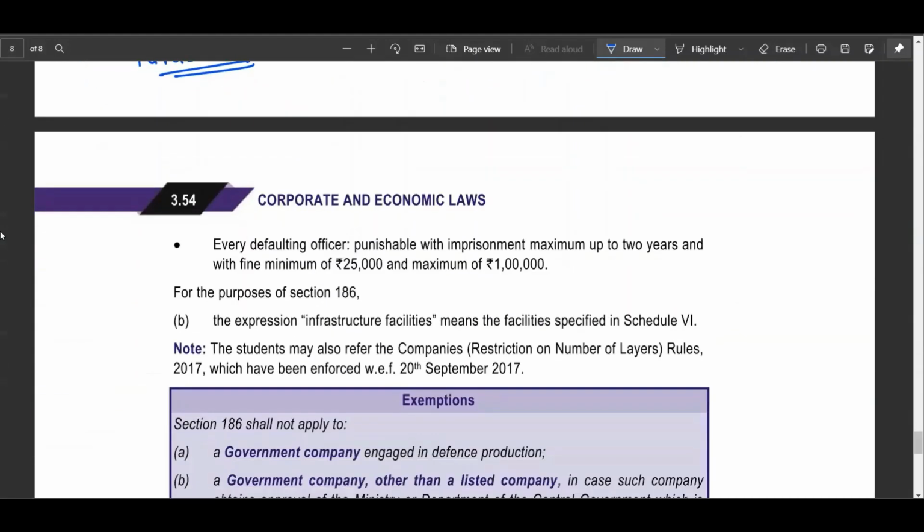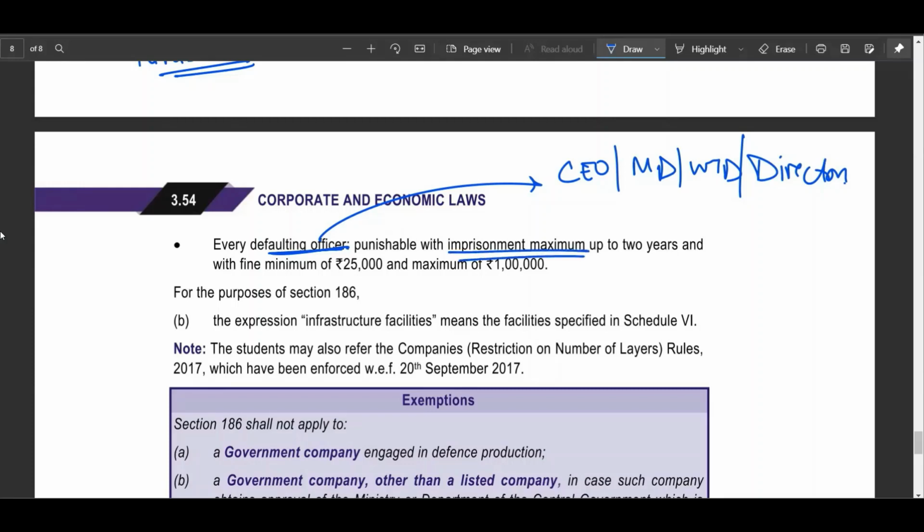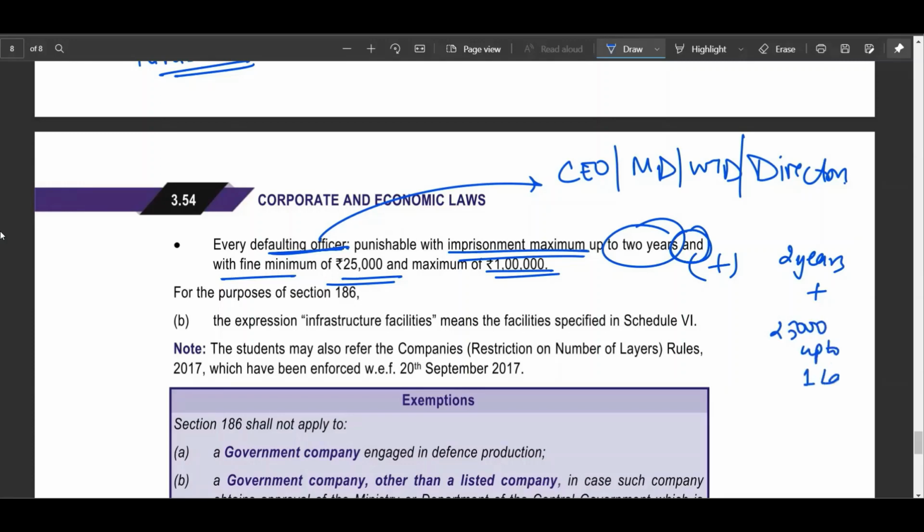And second, every defaulting officer, that can be the CEO, MD, WTD, or other directors who are responsible for the same, faces imprisonment of up to 2 years, plus a fine of 25,000 up to a maximum of 1 lakh rupees. So simply 2 years imprisonment plus 25,000 rupees fine up to 1 lakh.